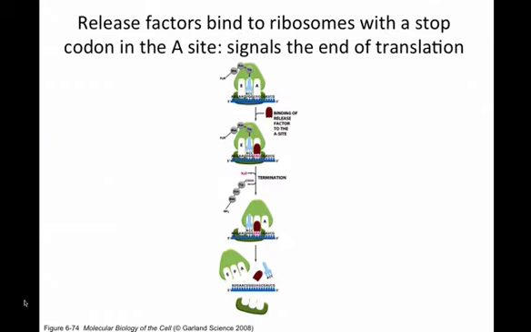Once you hit your stop codon, a release factor is going to bind to the ribosome. If you've ever noticed when you're looking at your codons, there's no amino acid that comes in with a stop codon. It's just stopped, right? What actually happens is that once you hit that stop codon, a release factor binds, and then you get addition of a water molecule and release of your ribosome.